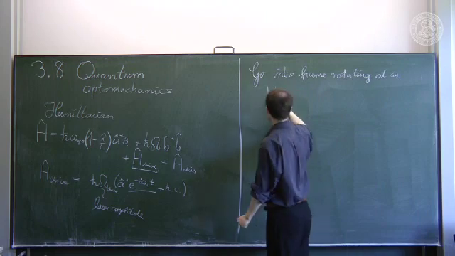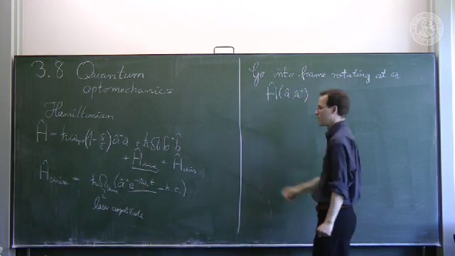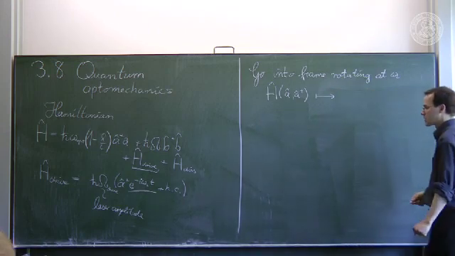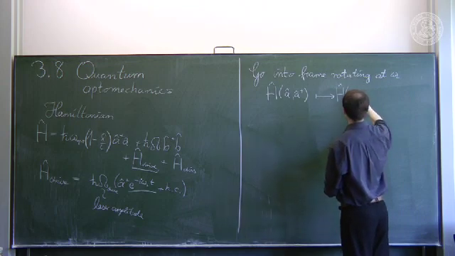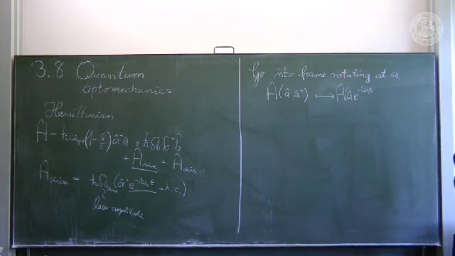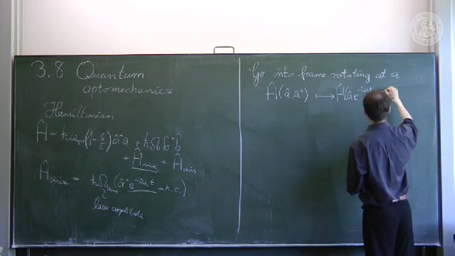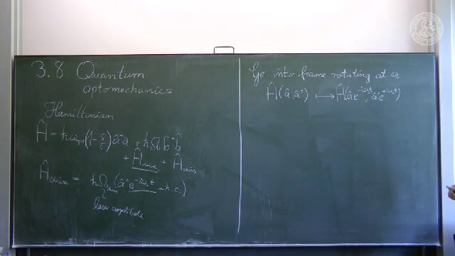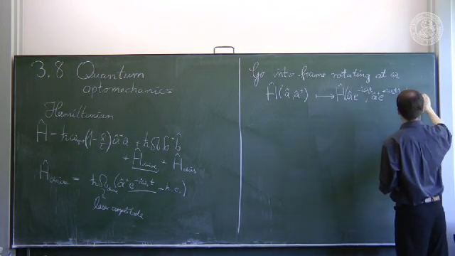What we have in the beginning is a Hamiltonian that contains the operators A and A dagger, like the one here. And by applying a unitary transformation, which we will discuss, we end up with a Hamiltonian that has the A multiplied by e to the minus i omega L t, that is similar to the result of the Heisenberg equations of motion, and A dagger correspondingly multiplied by e to the plus i omega L t. So this is one of the changes, but in addition there will be an extra term, namely I have to subtract h bar omega L A dagger A.